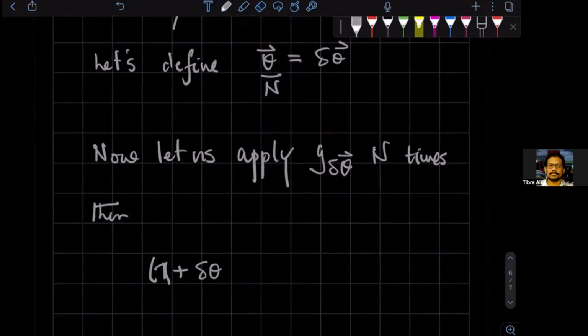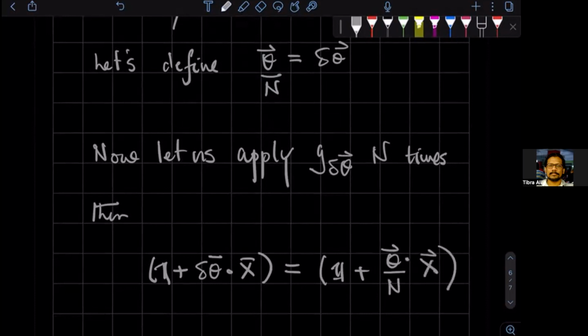So it's delta theta vector dot x, and this is 1 plus theta by n dotted with x, and this is applied n times.